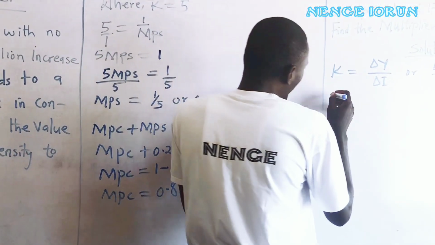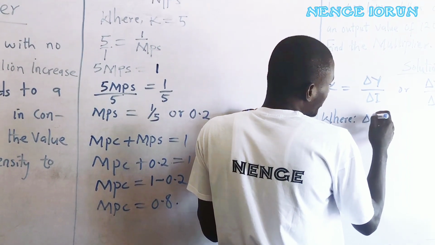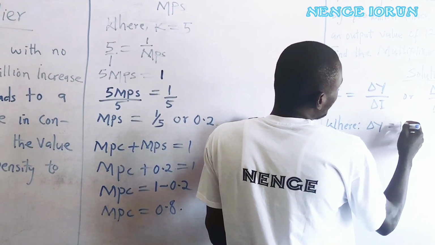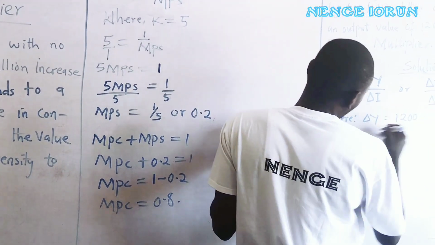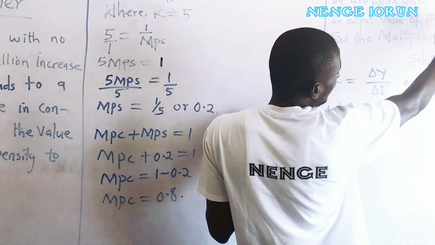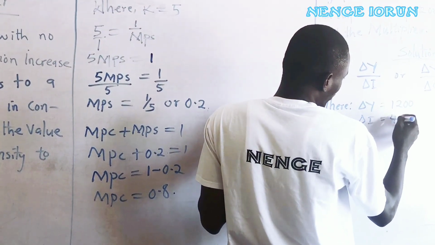So the change in national income or change in total output is equal to 1,200, and change in investment, which is given as 400, is equal to 400.